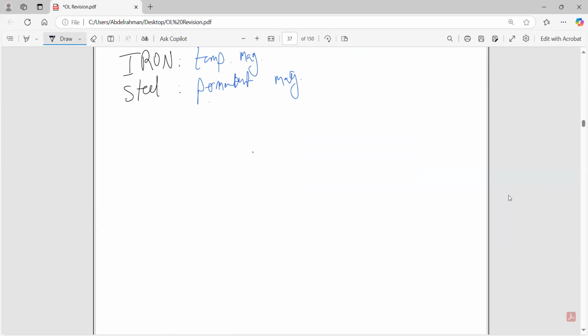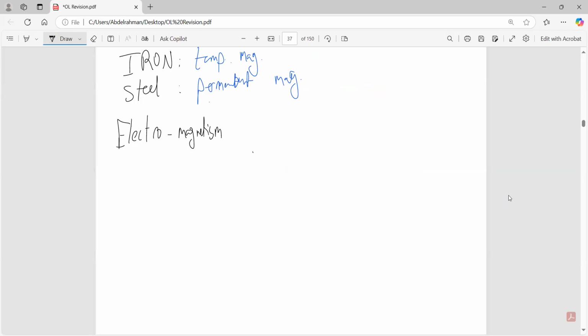If we talk about electromagnetism, one of the properties of any metal, especially copper, is that when you pass a current through the copper, it creates a magnetic field around it. In which way?